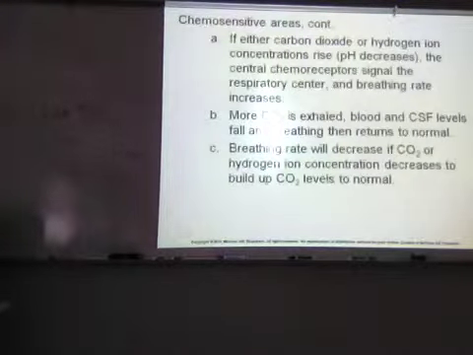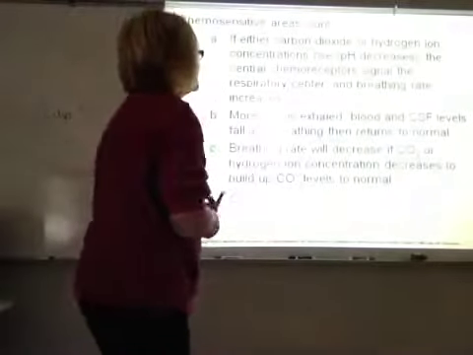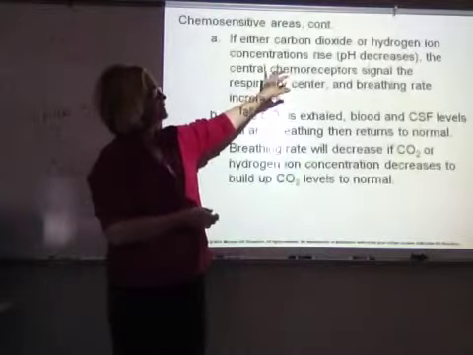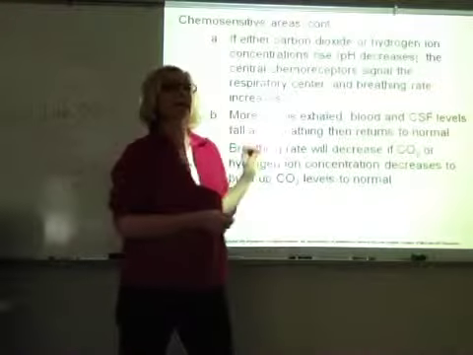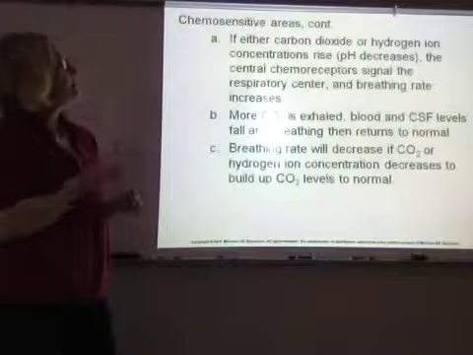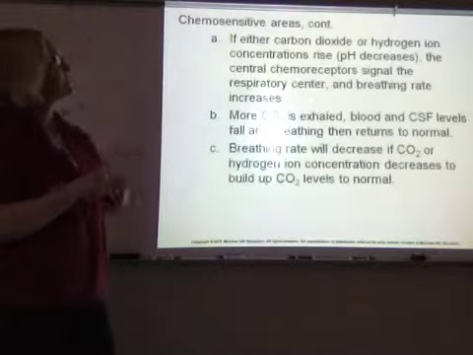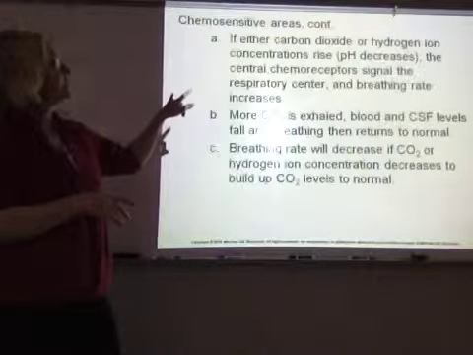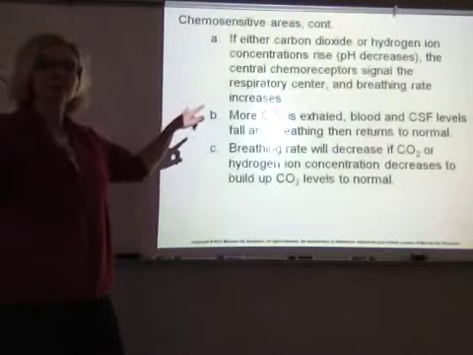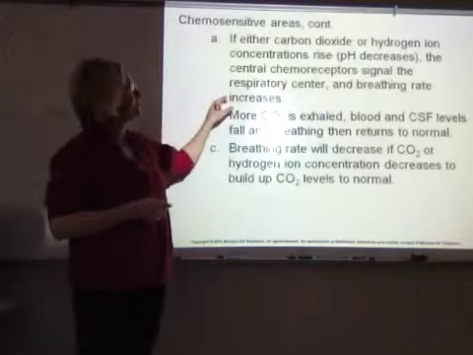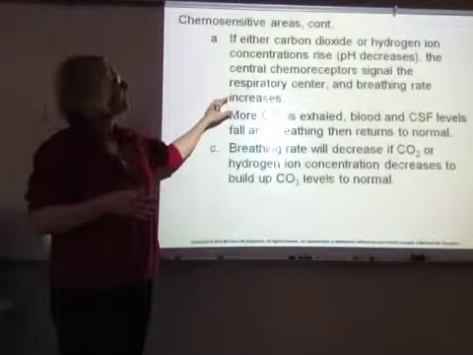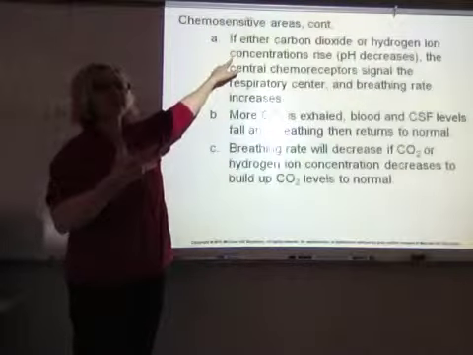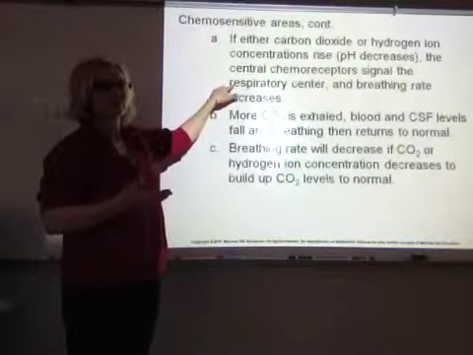If carbon dioxide rises, hydrogen is part of it because that's going to affect your pH. If your pH decreases or those concentrations increase, the central chemoreceptors are going to signal to your brain, and the breathing rate is going to speed up. So if I get too much carbon dioxide, I'm going to breathe quicker.